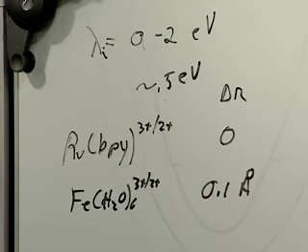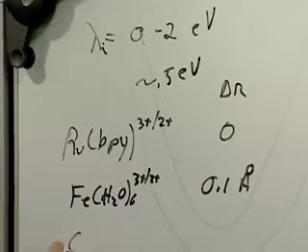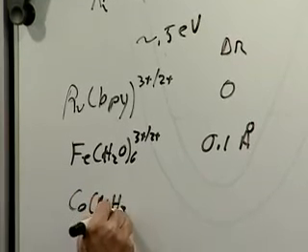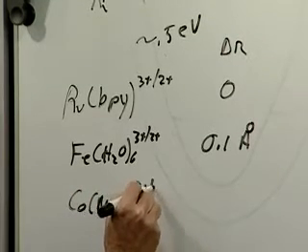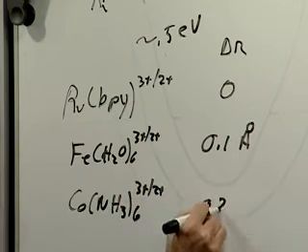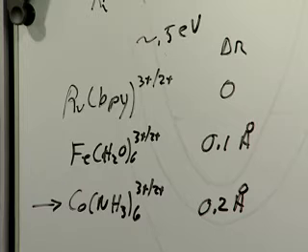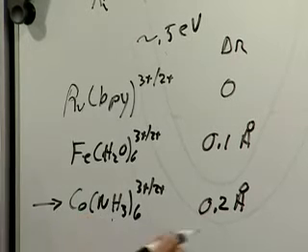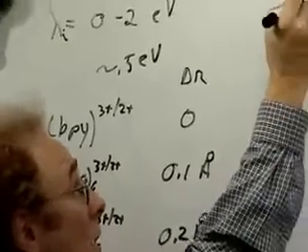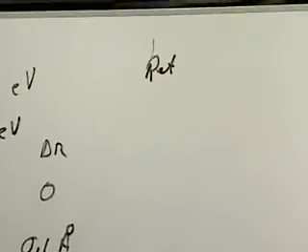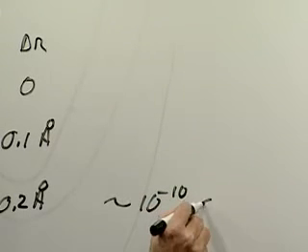For cobalt amines, Co(NH3)6, 3 plus, 2 plus, it's about 0.2 angstroms. That's really large. You seldom see stuff like that. And as a result, the rate constant for this, k ET, is somewhere of the order of 10 to the minus 10 seconds to the minus 1.